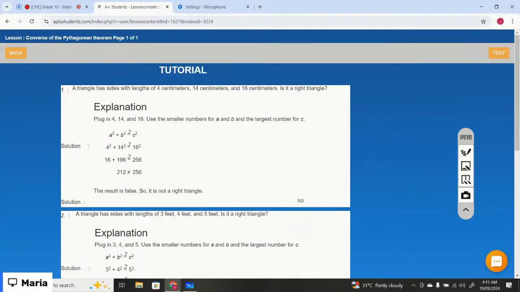converse of Pythagorean theorem. A triangle has the sides with length 4 centimeter, 14 centimeter and 16 centimeter. Is it a right triangle? So basically you are given the different measurements, right?